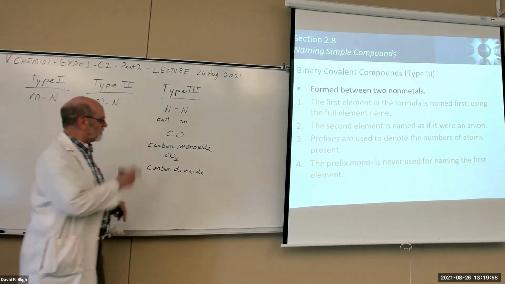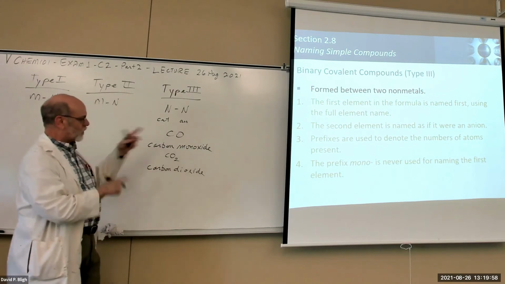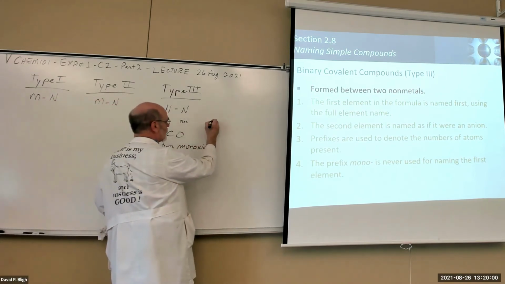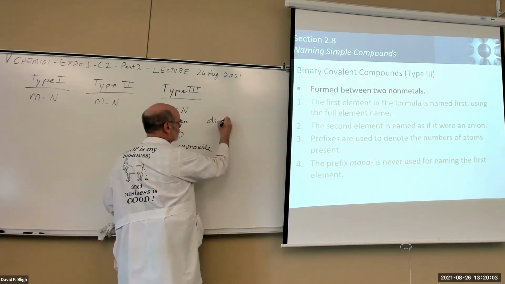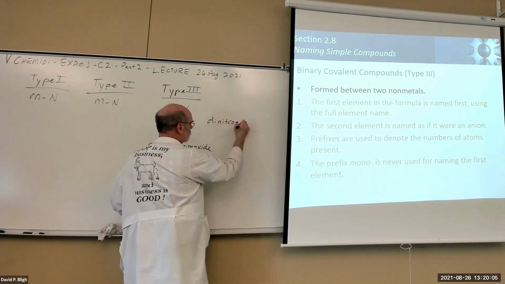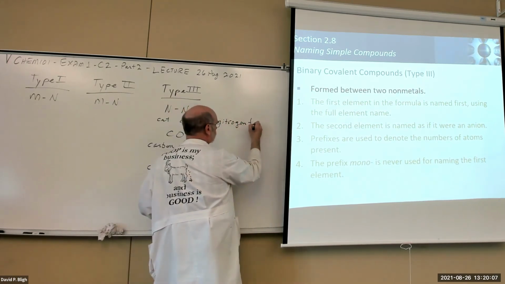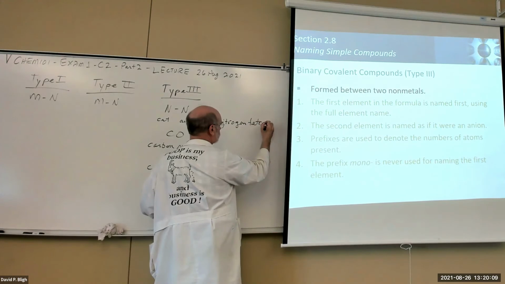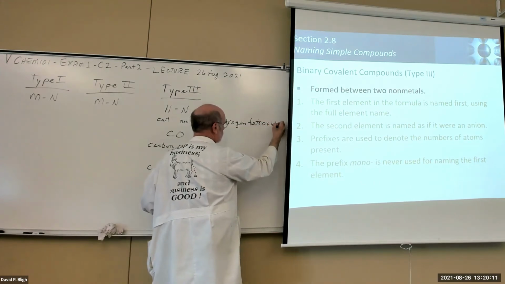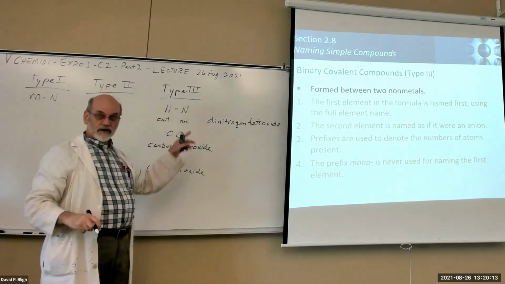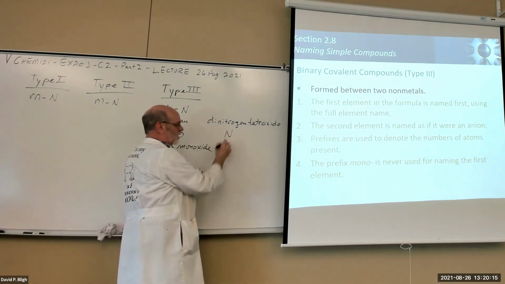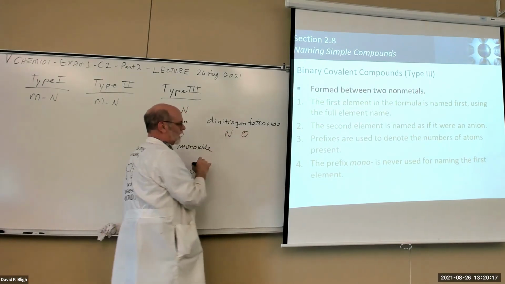What about, let's see, let's go backwards. Let's try di-nitrogen tetroxide. Okay, we know we need nitrogen, right? We know we need oxygen. How many of each?